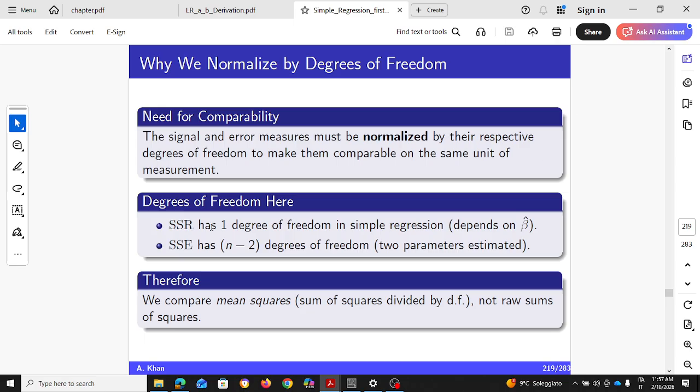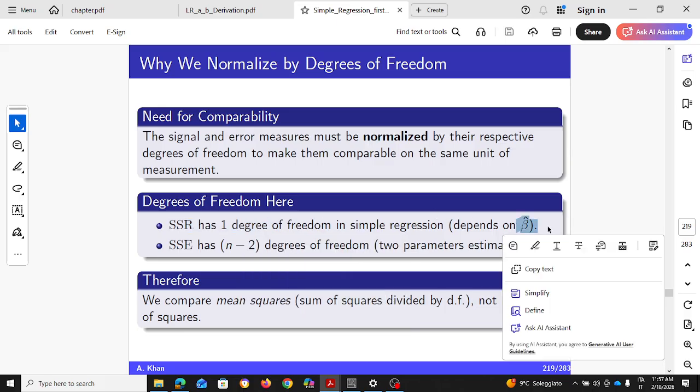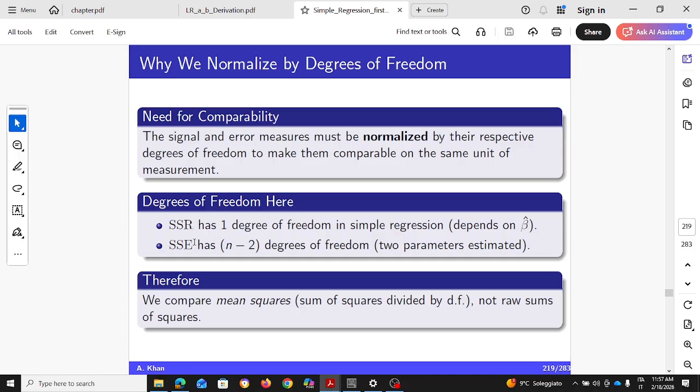The same holds here. SSR, which has 1 degree of freedom, because SSR just depends on beta. And SSE is the sum of squares of errors, which depends on both alpha and beta, so we have n-2 degrees of freedom. SSR, the sum of squares of regression, depends just on beta, and the other one depends on alpha and beta, so we have n-2.